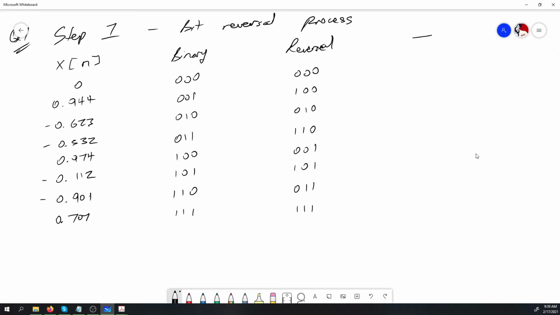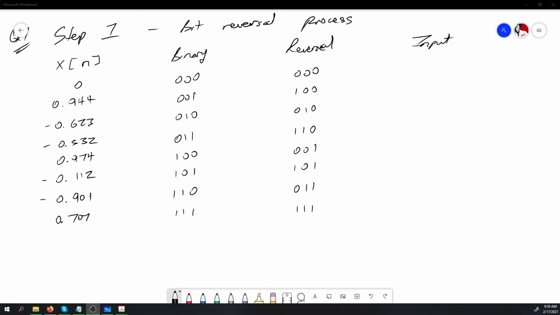So our input here in the correct sequence for our FFT, by watching the binary representation for our index of the x of n values, means that we know how to organize this accordingly. This is what's going to be our input after we do our bit reversal process.